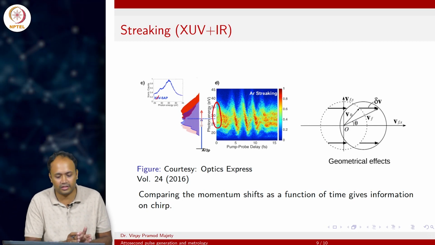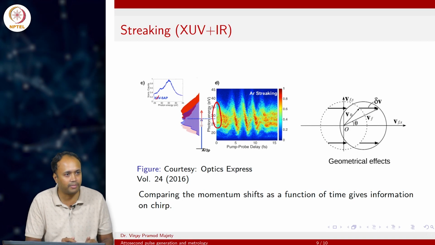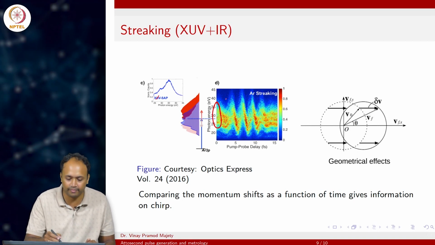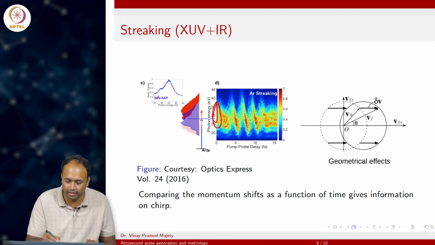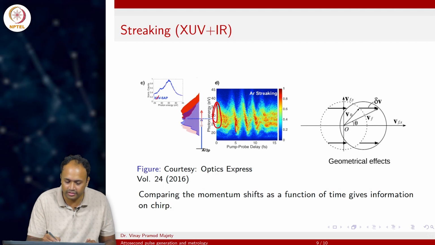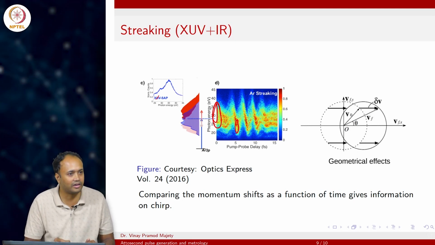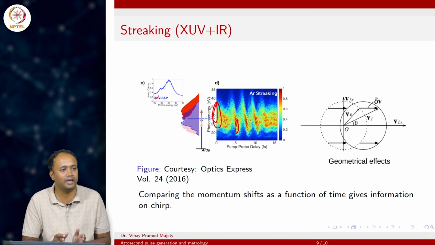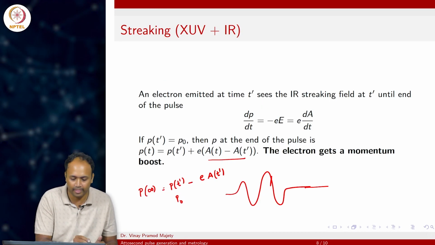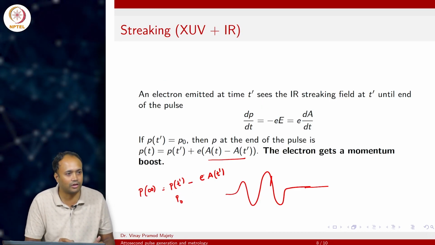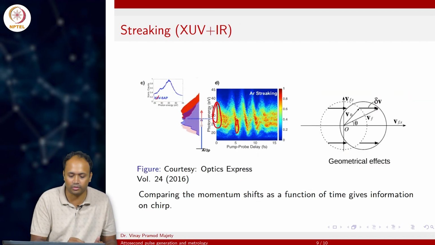As I scan through this infrared pulse, this blob keeps shifting. See, something that is here got shifted to something like this, right, at this particular time delay, because the whole momentum is getting modified by the vector potential at the instant of ionization, and this is what is called streaking.